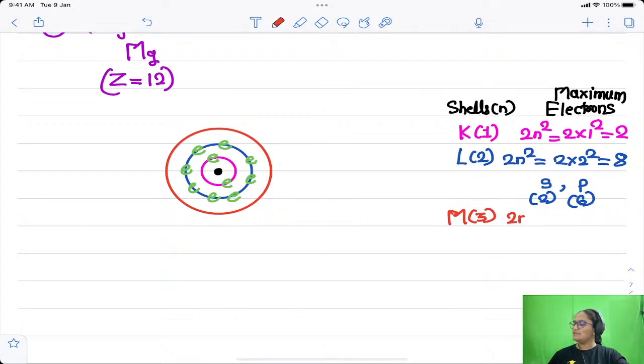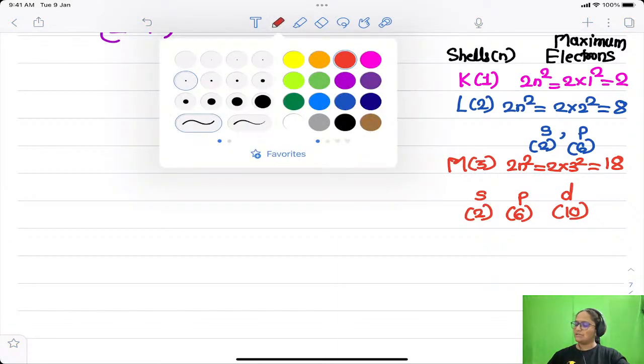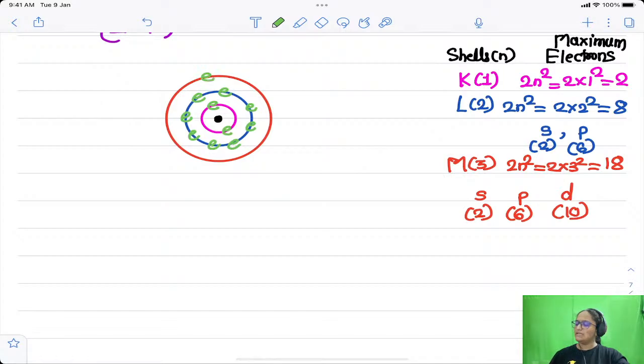The formula is 2n square, that is 2 into 3 square, so we can fill a maximum of 18 electrons there, like 2 in s, 6 in p and the remaining 10 in d. But in the case of magnesium, only 2 electrons are there, so they will obviously enter the s orbital. So this is the structure of the atom of magnesium, right?